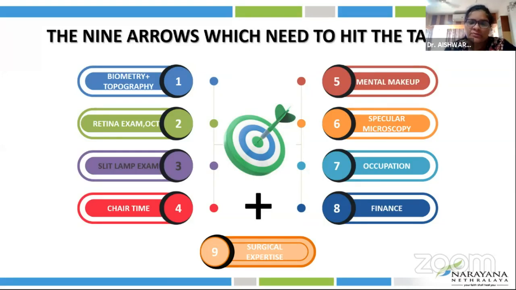Of course, the chair time for the patient and the mental makeup of the patient who's ready to undergo and do everything to get emmetropia in the eyes, the specular microscopy, and the occupation of the patient, which demands 6/6 vision all the time, and of course the finances of the patient involved. Having said that, the surgical expertise of the surgeon takes the most important role.